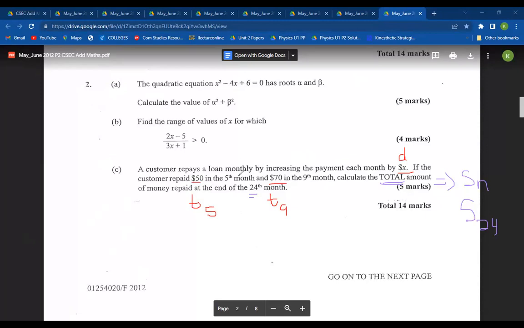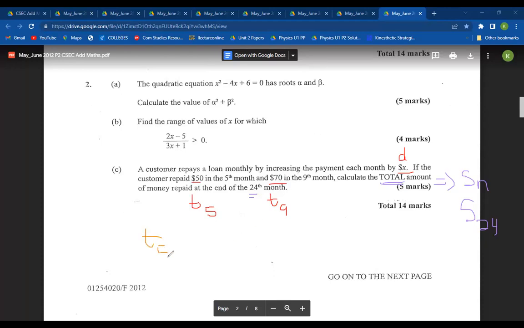Okay, remember the structure. We saw examples like these. When you're given a question formatted like this, where you get the term and the value, remember, make two equations. Find your A and D. Formatted like this, make it two equations.